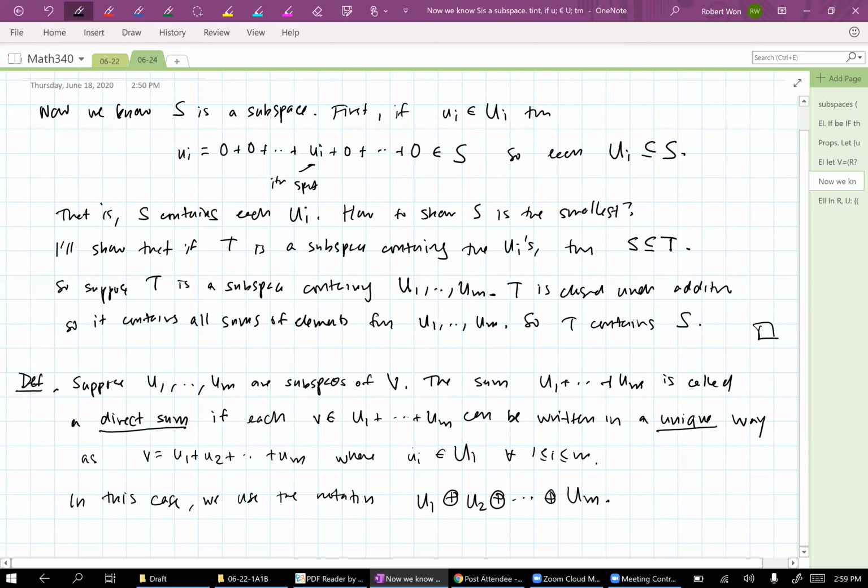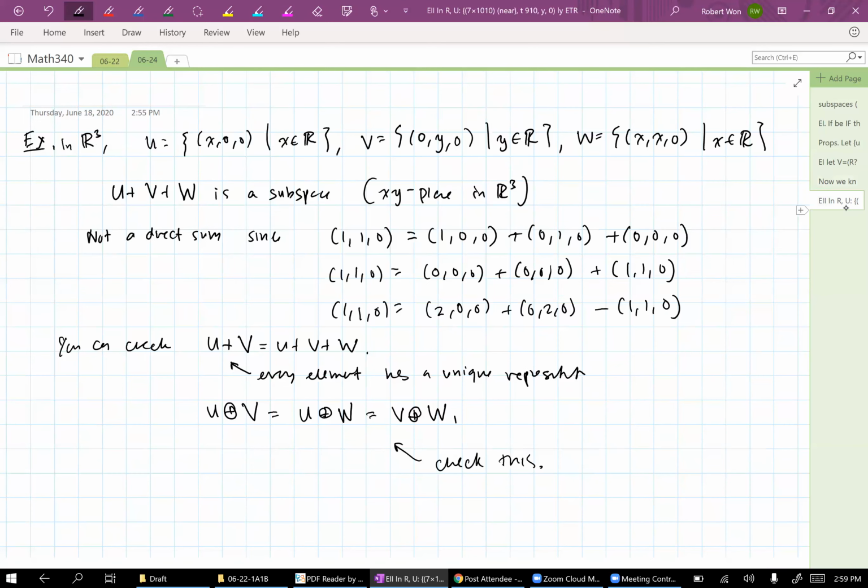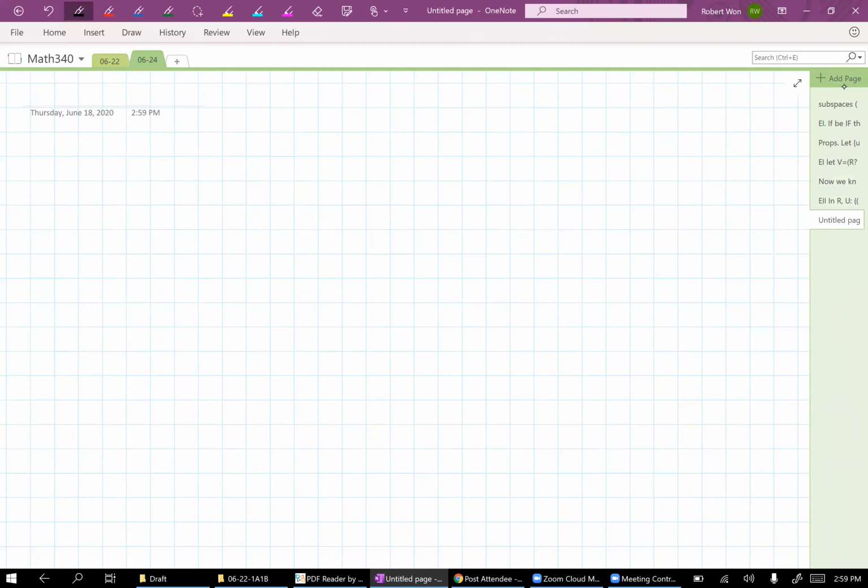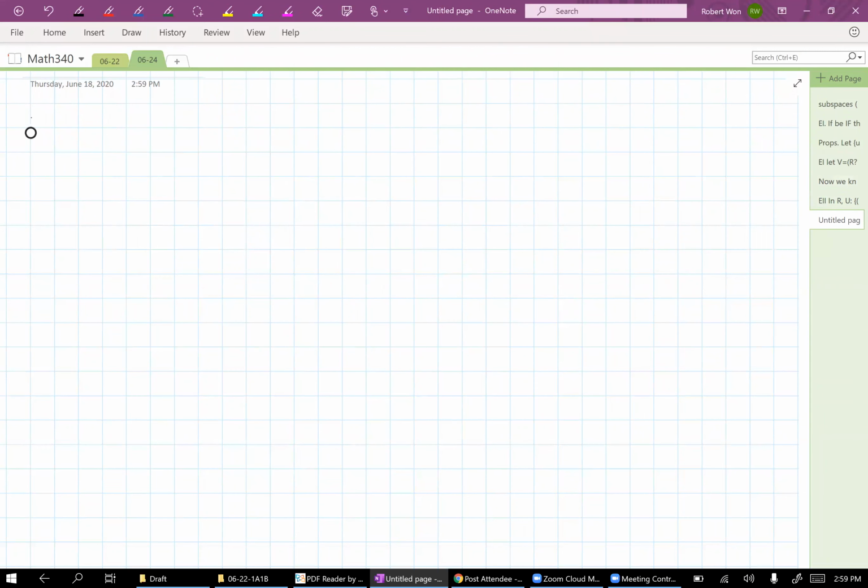It seems like you'd have to check for every single vector. But our next theorem will tell us that you don't need to check infinitely many things. Really, you only need to check one thing. Here's the theorem. Again, suppose that U_1 through U_m are subspaces of V.